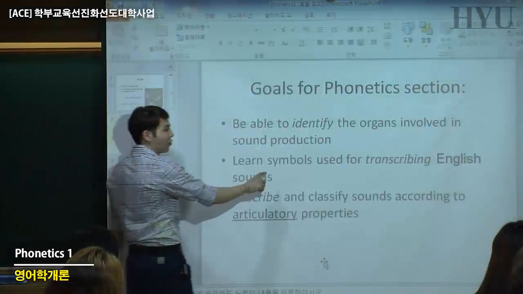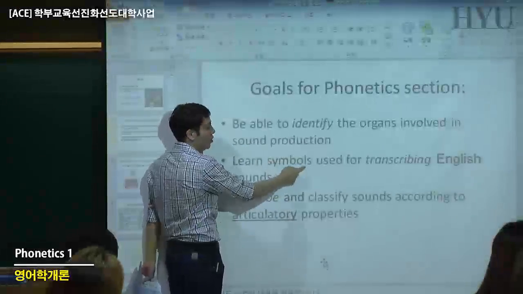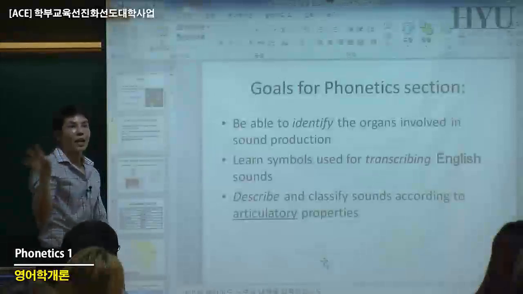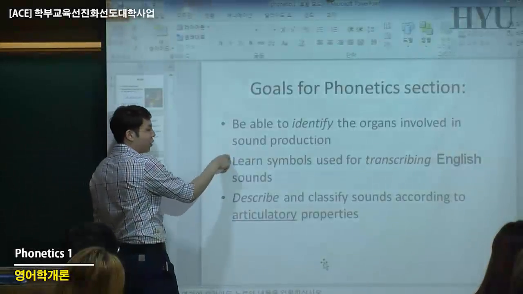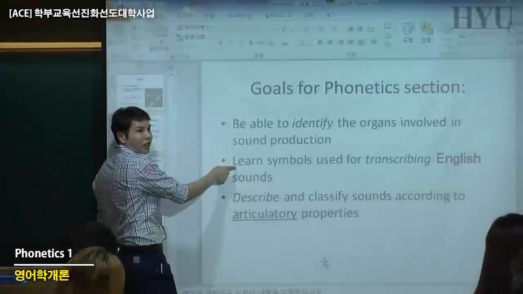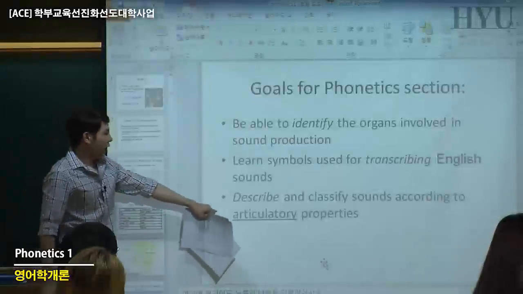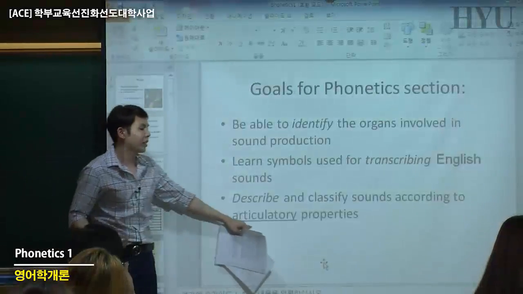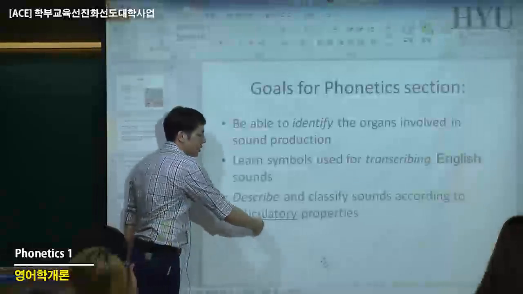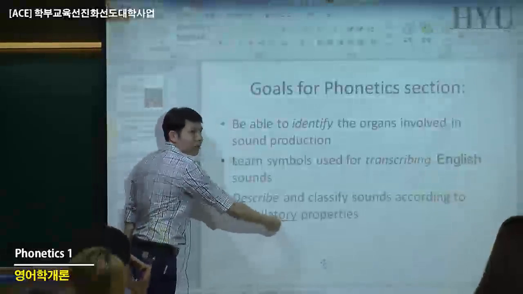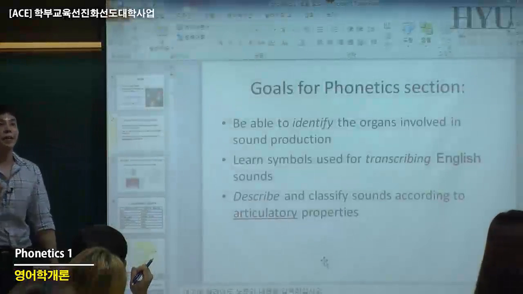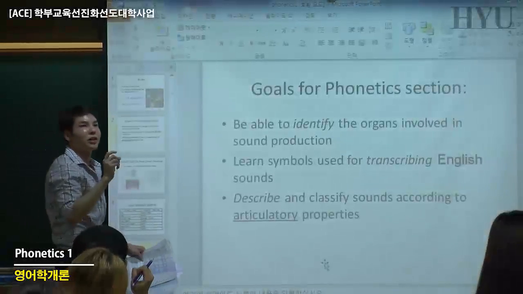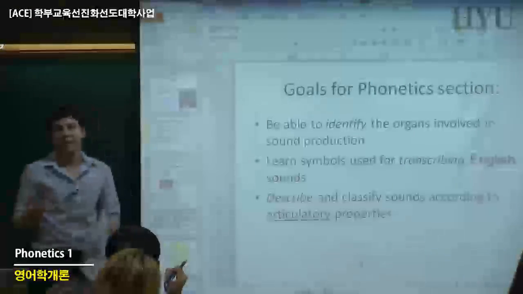There's a little bit of memorization that you have to do when you learn to match symbols and the sounds that they represent. So I require some memorization here in this part. And then finally, you should be able to describe and classify sounds according to articulatory properties. Articulatory meaning pronouncing. When you articulate a sound, it means you pronounce a sound, okay?